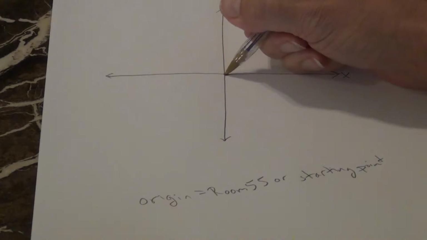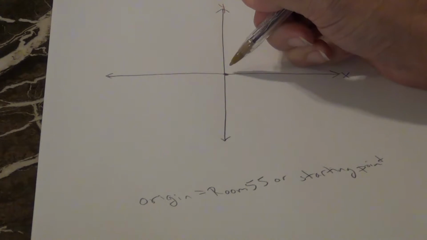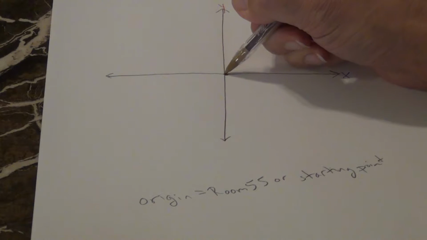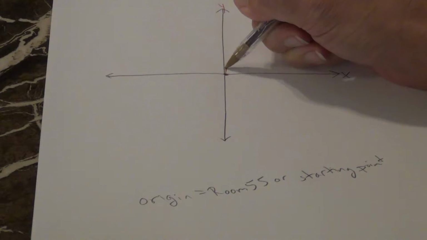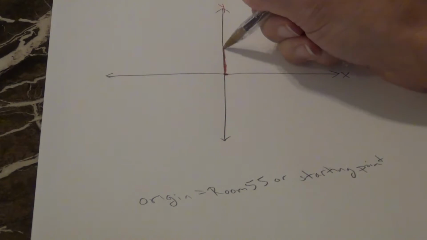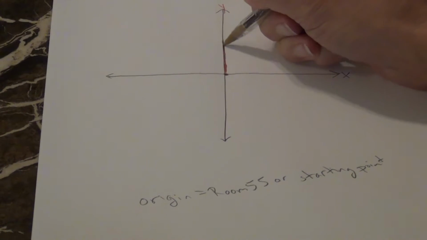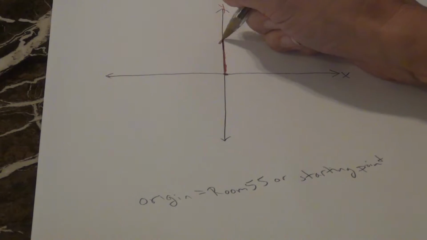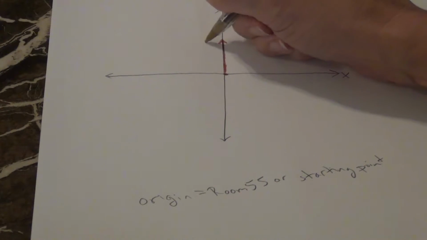So if you traveled, let's say, make it something reasonable. Okay, let's say that you went 100 meters to the north. Okay, so we went 100 meters north.